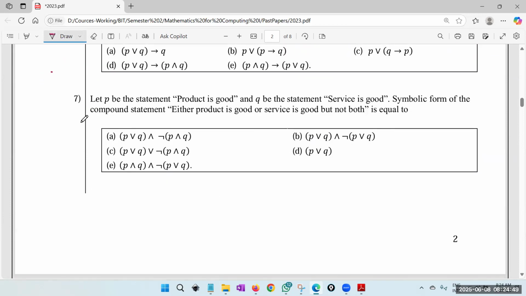Right, what about this? Let P be the statement product is good, and Q be the statement service is good. Symbolic form of the compound statement: either product is good, that is P, or service is good, but not both.